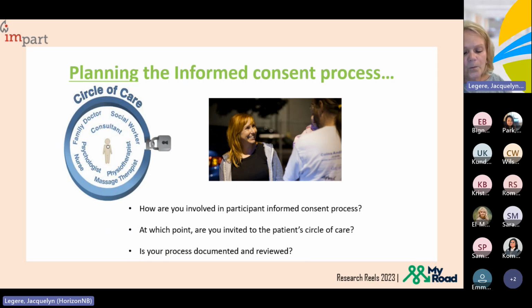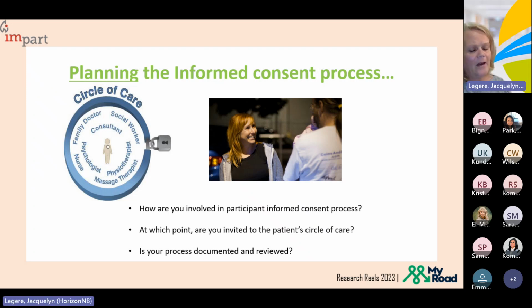You mitigate that by having a member of your research team, like your research coordinator, go in, talk about informed consent, and actually get informed consent. Then you can bring your principal investigator in if there are any clinical questions they want answered. The circle of care is a big thing from a privacy perspective, so I wear that hat as well.